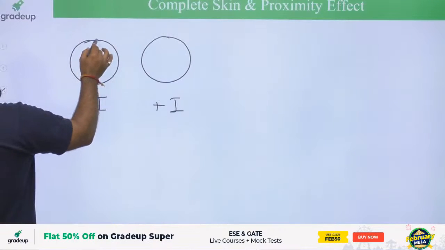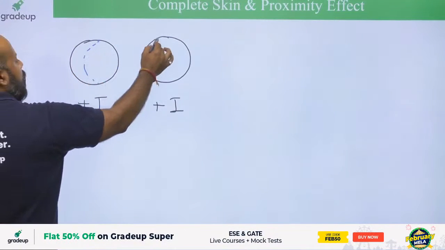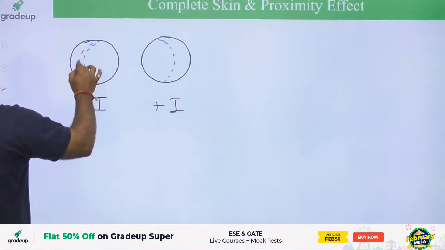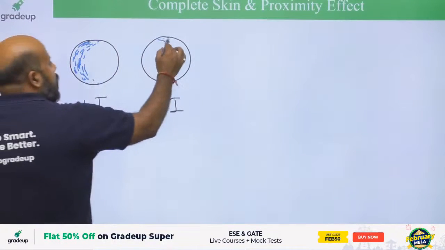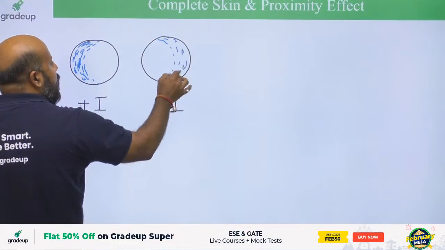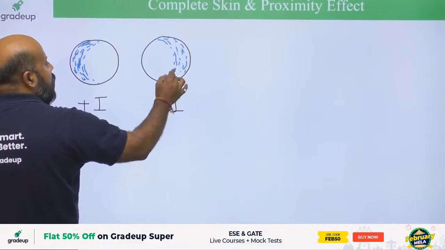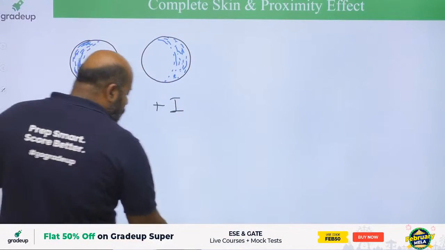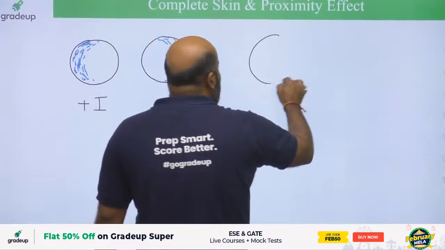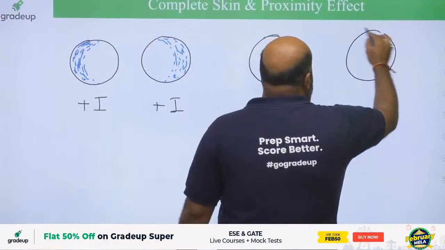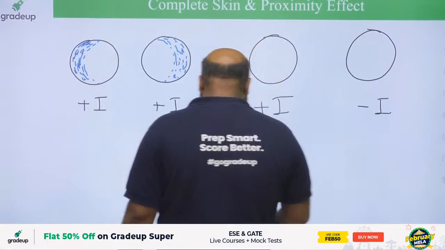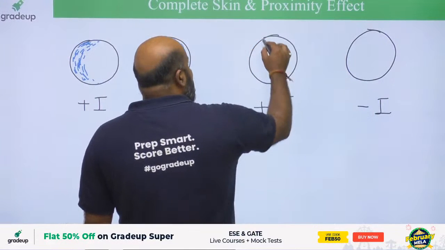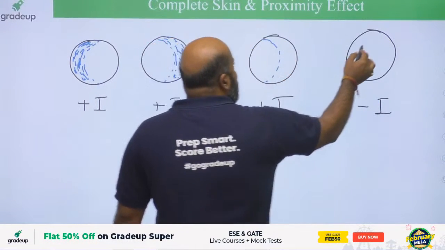So the situation is going to be like this. The AC currents are going to be concentrated like this because of the proximity effect. Similarly, if you are having two conductors in which the current is in the opposite direction, then the current distribution will be something like this.